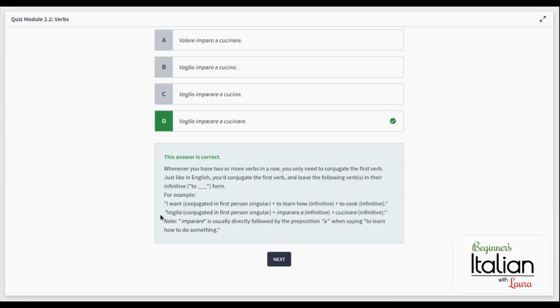In Italian, voglio, which is conjugated in the first person singular, plus imparare a in the infinitive, plus cucinare in the infinitive. Note, imparare is usually directly followed by the preposition a when saying to learn how to do something.